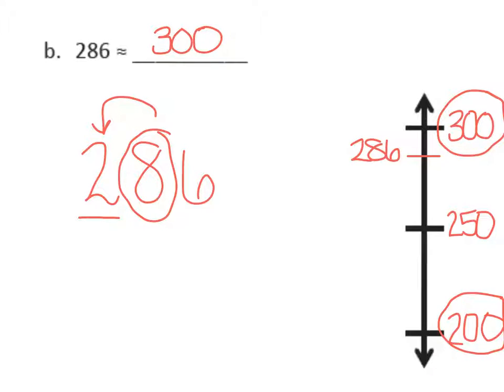So, is the circled digit 5 or more and will tell the 2 to go up 1? Or is it 4 or less and will tell the 2 to stay the same? So I see that the circled digit is 8, which is 5 or more. So that means the 2 is going to change to 3. The rest of the digits are going to change to 0.